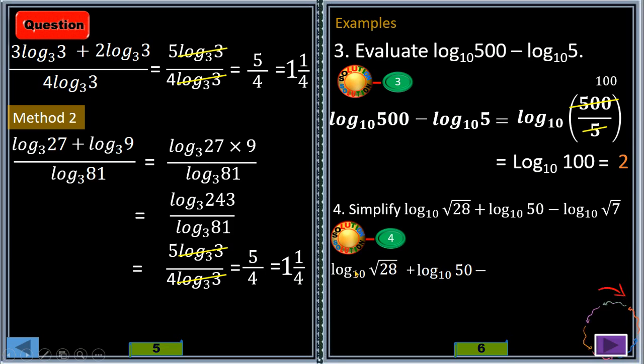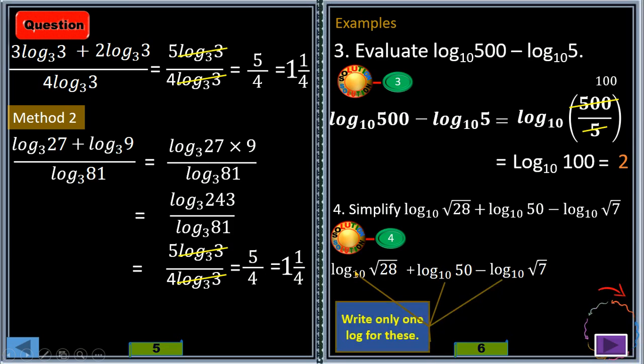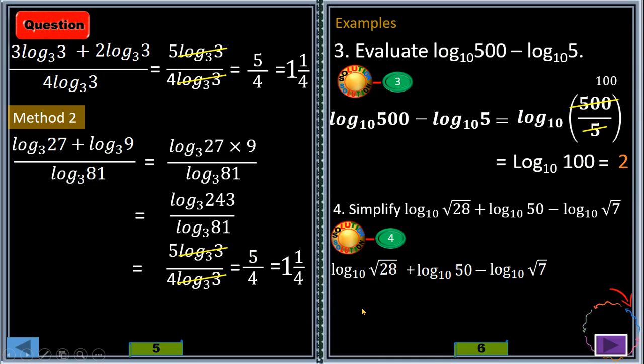So here we have a combination of addition law and subtraction law. So we can write all this as one log, applying the multiplication and division law of logarithm. Let's see how we can do that.